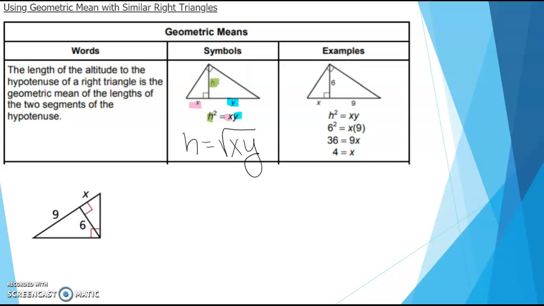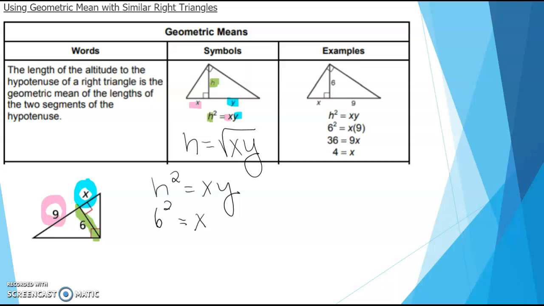So if I look at this example down here at the bottom, I see that my altitude here is 6. That altitude splits my hypotenuse into two parts, x and y. So let's look at that equation. H squared equals xy. Well, again, that h is my altitude, so I'm going to replace that h with 6.